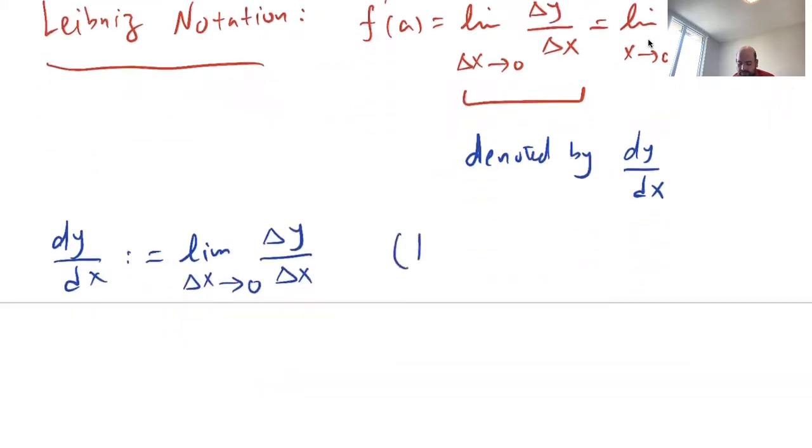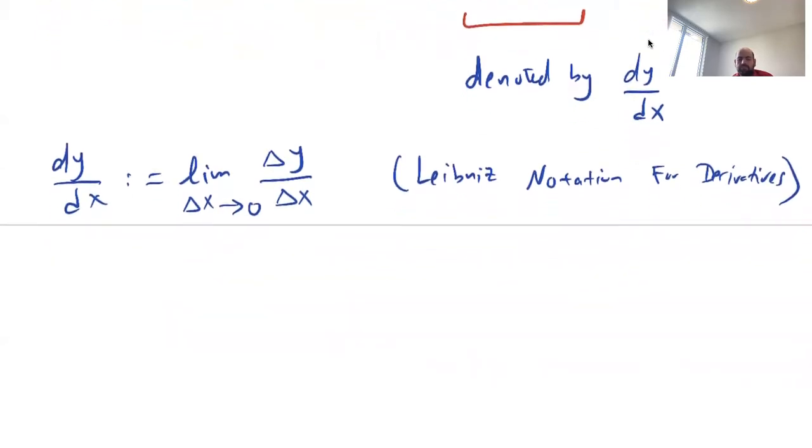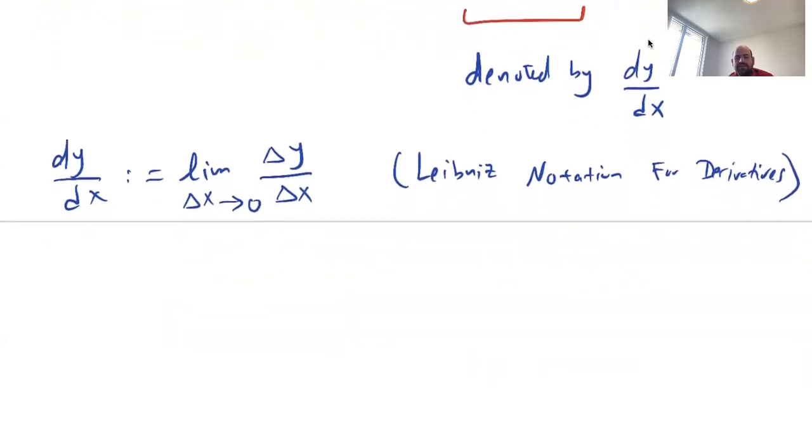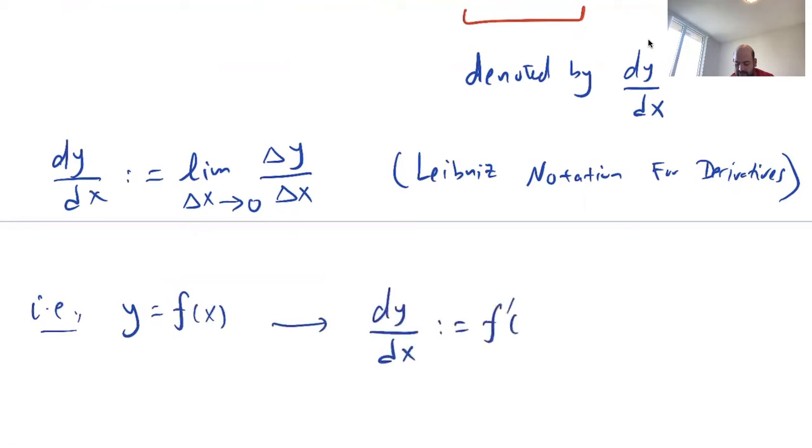So it's called the Leibniz notation for derivatives. Okay, so dy/dx is another notation for f prime of x. So in other words, if y is equal to f of x, then dy/dx is defined as f prime of x.